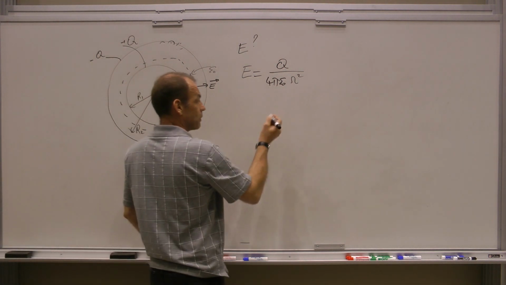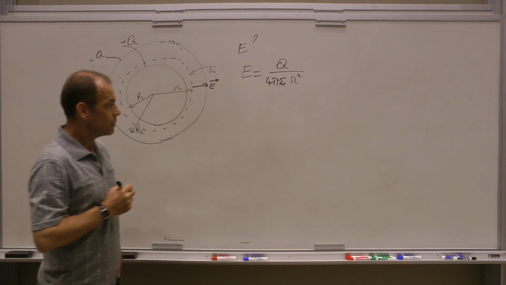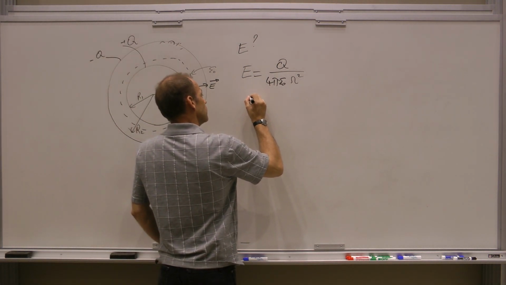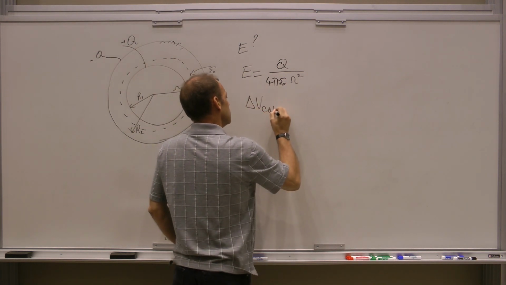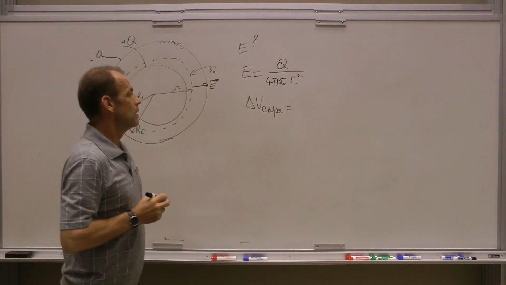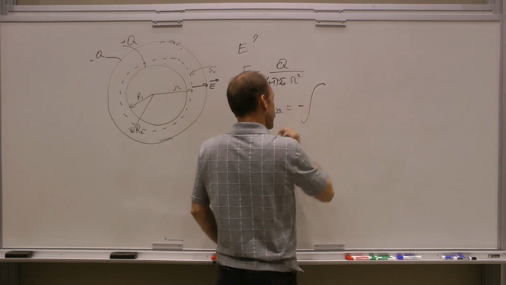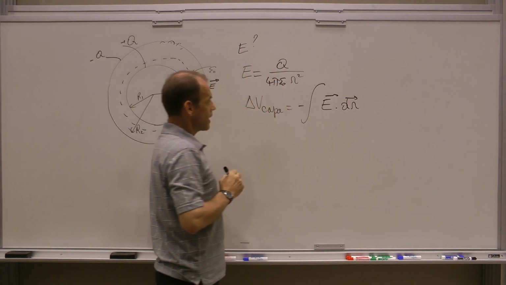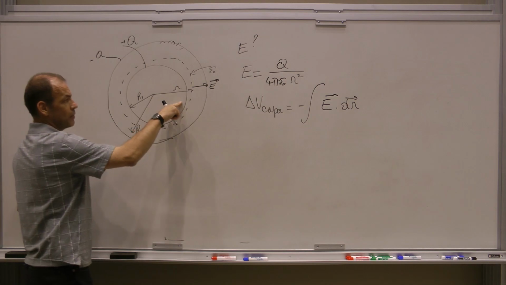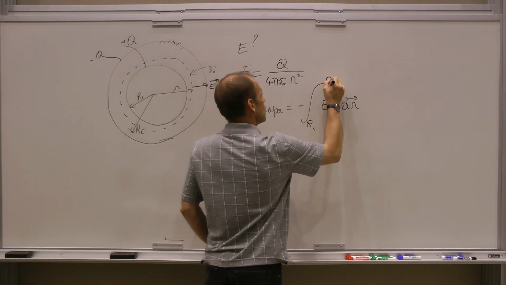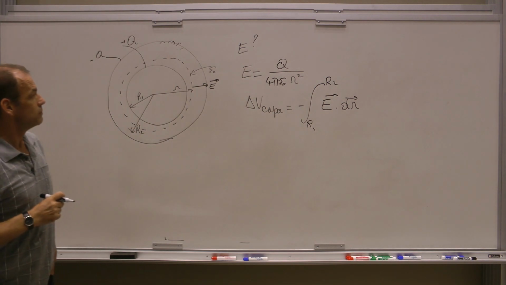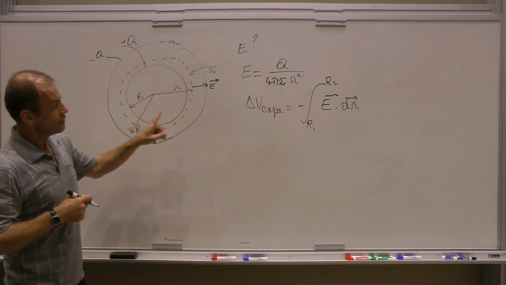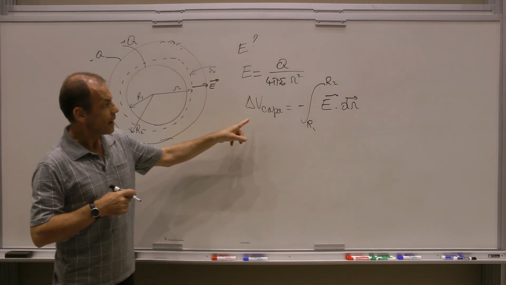And then we're going to apply the fundamental relationship between the electric field and the potential, saying that delta V is going to be equal to the negative integral of E dot dr, where I am integrating from the inner plate, going from R1 all the way to the outer plate, R2. And from this delta V is a change in potential going from final plate minus initial plate.